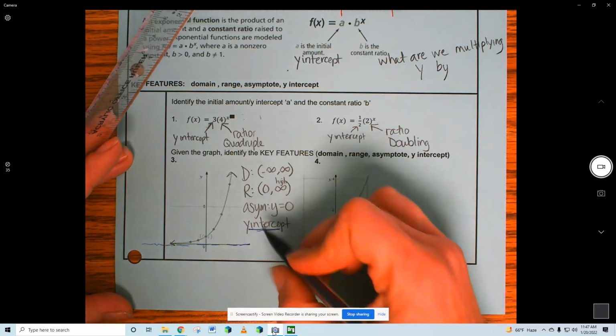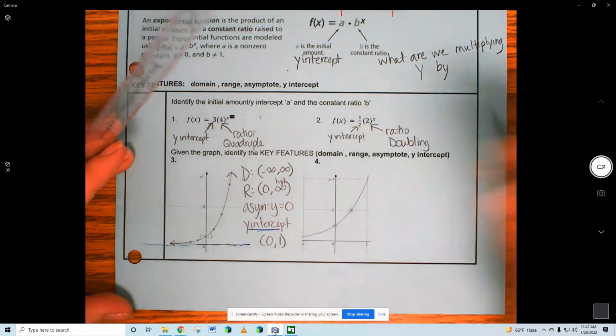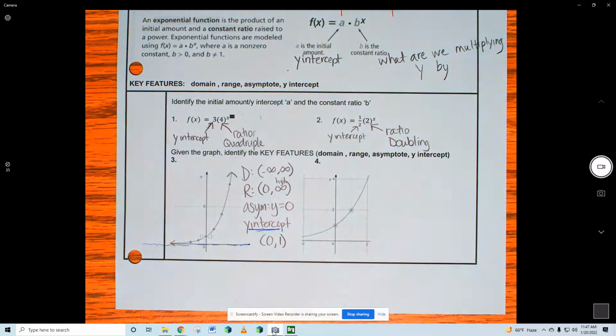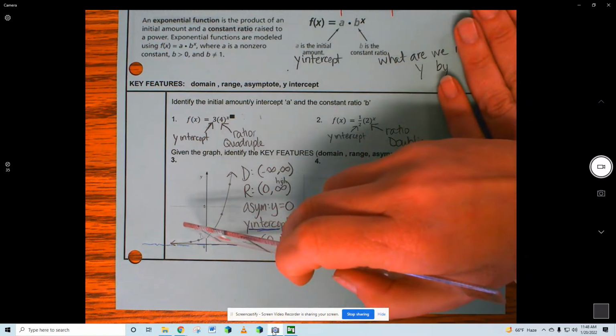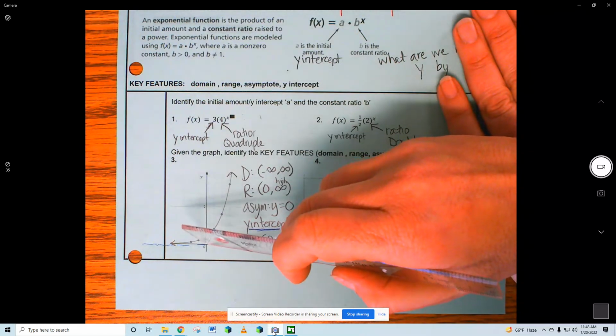My y-intercept, (0, 1). Let me have you write that. I don't want to go too fast. Okay, notice how my y-intercept is right here. And then the asymptote is one box below it.